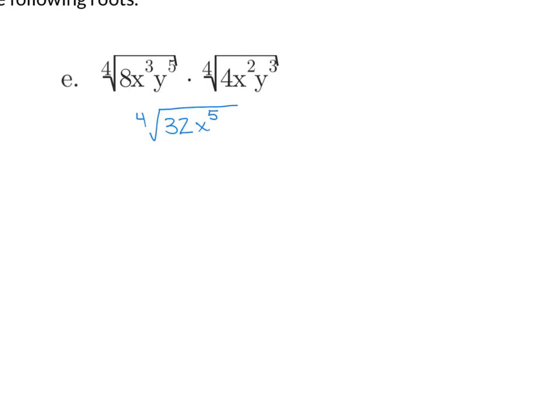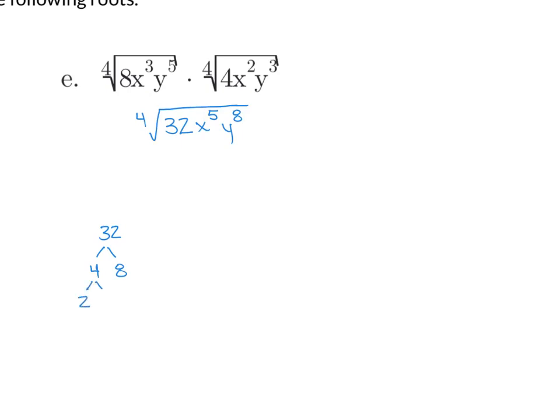And y to the 5th times y cubed, if we add our exponents, we get y to the 8th. Now, if you struggle with cube roots, then you probably struggle even more with fourth roots. So I'm going to go ahead and factor this. So 32 is equal to 4 times 8.